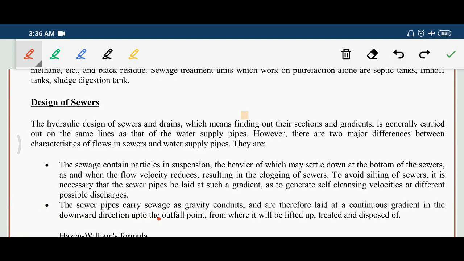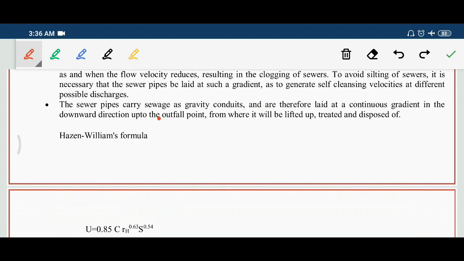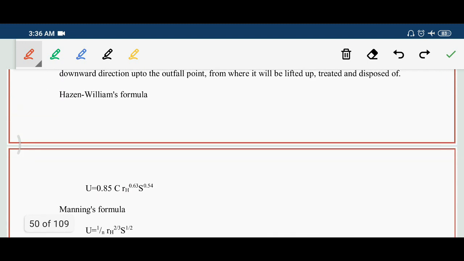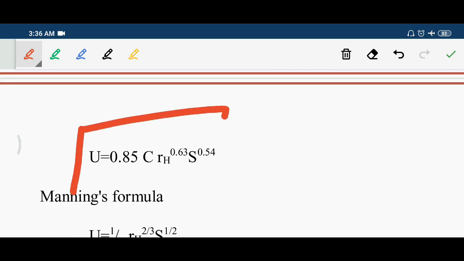We'll see a simple formula to design a sewer, which is given by Hazen-Williams. The formula is U equals 0.85 multiplied by C multiplied by RH to the power of 0.63 into S to the power of 0.54.